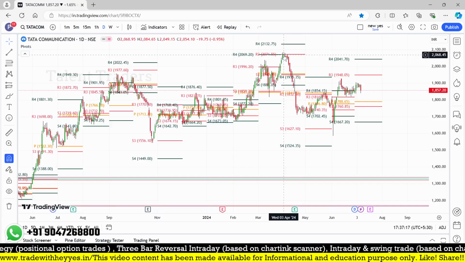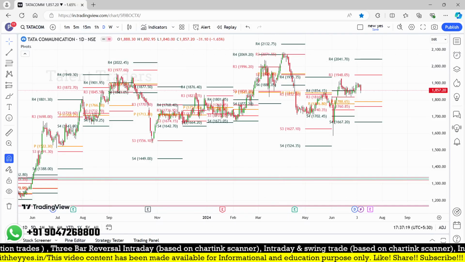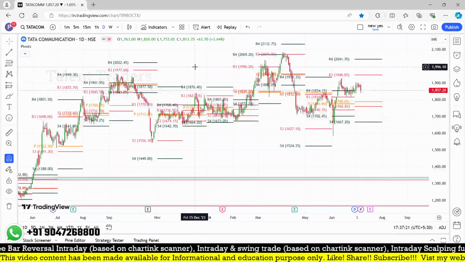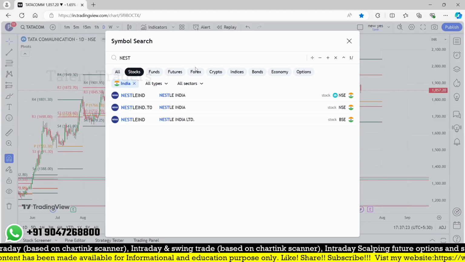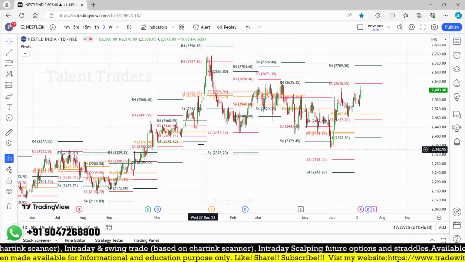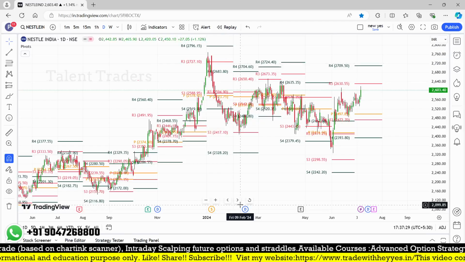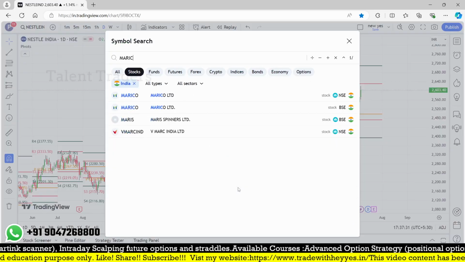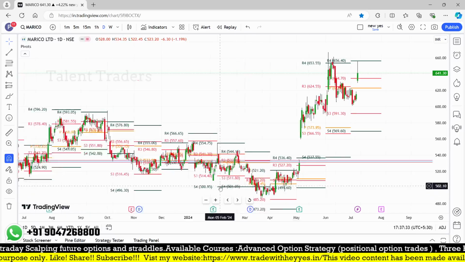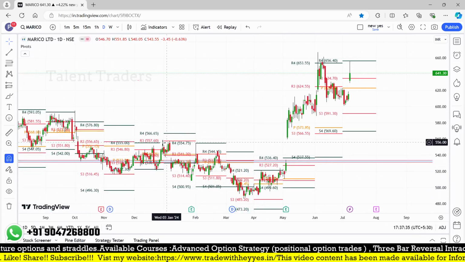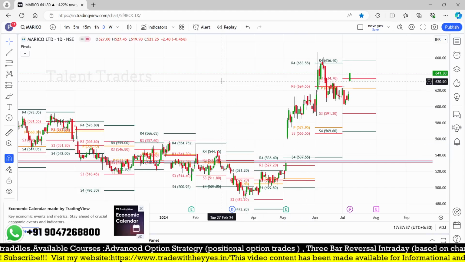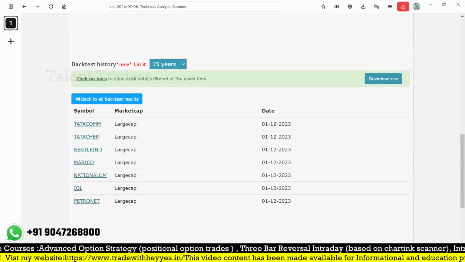It is a good move in some stocks. I think in many stocks, Nestle, Marico, December, we have a lot of opportunity. Nestle here gave you the breakout at 2,400 to 2,700. Marico worked, but this time Marico did not break the level within the month itself, so it is invalid.